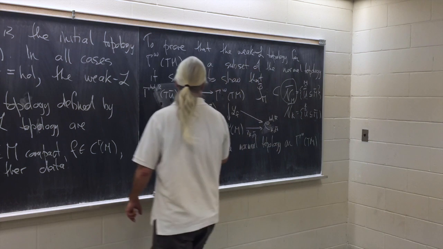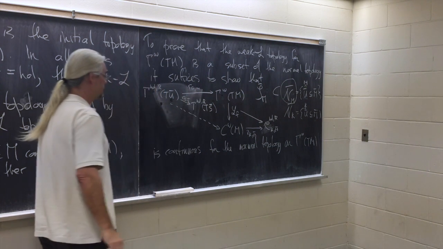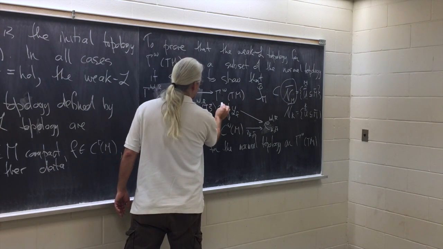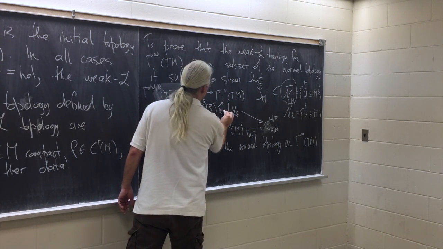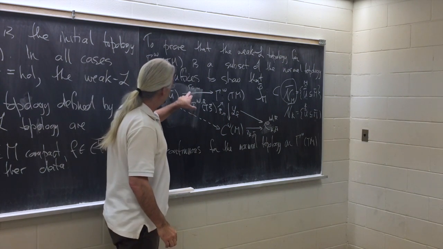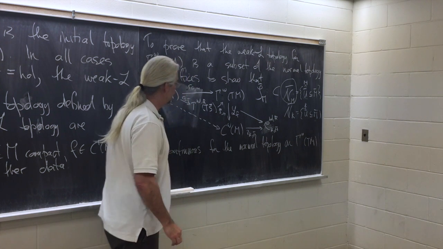Now you have a mapping here. This is the restriction mapping from U bar to S bar. That's just restriction. Then you also have the restriction mapping going here, which is R S bar M. Obviously, this restriction is the composition of these two.